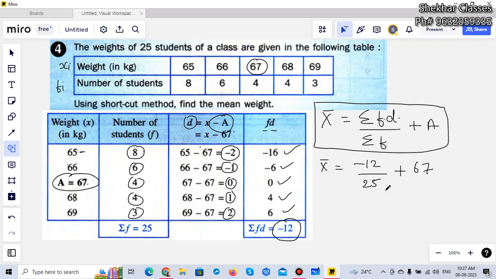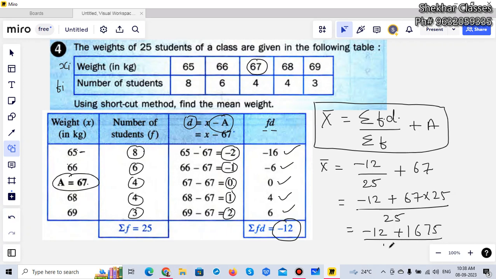Now when we solve it, this will be minus 12 plus 67 into 25, upon 25. 67 into 25 will give you 1675, and the whole thing upon 25.